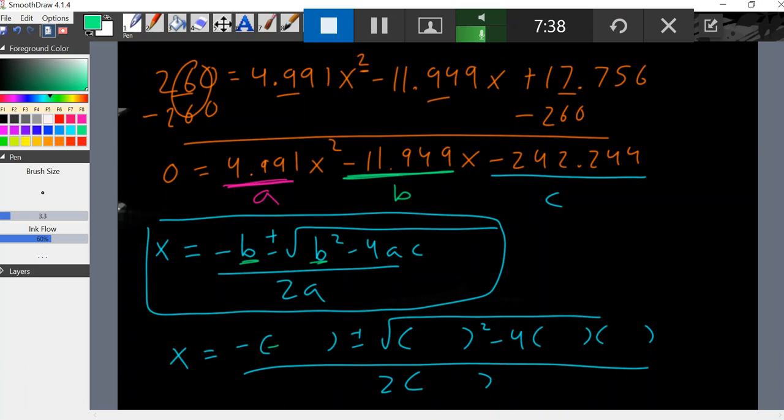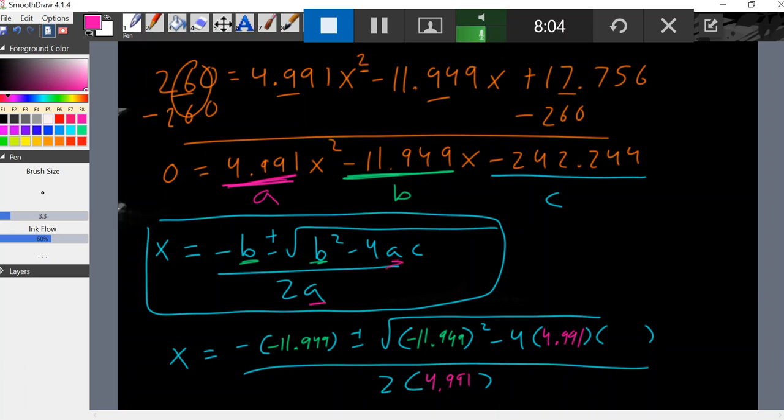So here I'll write in minus 11.949, and over here I'll write minus 11.949. I then switch over to my A term, this nice little purple, and my A term is going to be 4.991, and down here, 4.991, because remember, A is right there and A is right there.